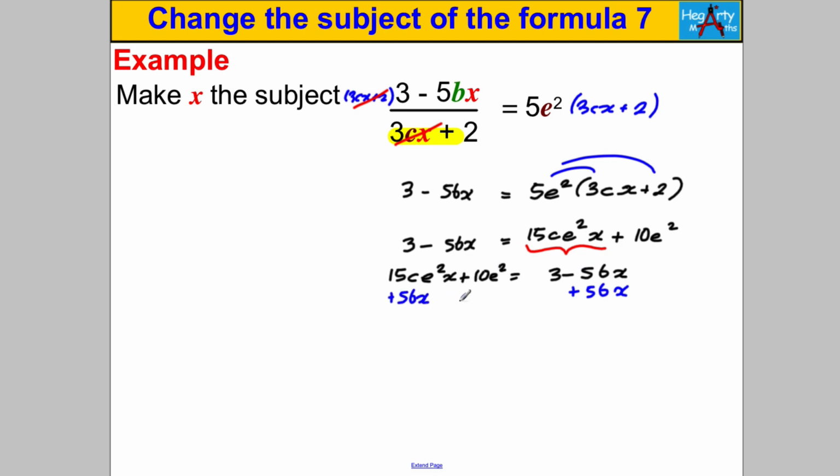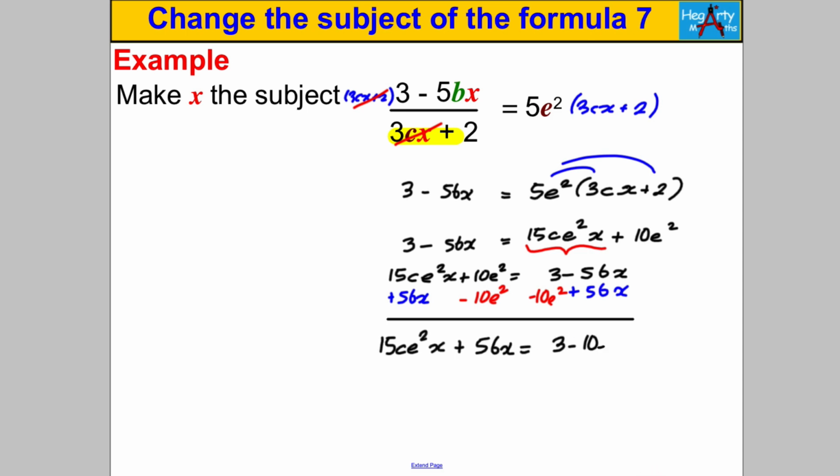And let me subtract 10e squared from both sides, if you don't mind. And let's see what I get left with. Here I've got 15ce squared x add 5bx is equal to 3 subtract 10e squared. Now I've got an x here and an x here.